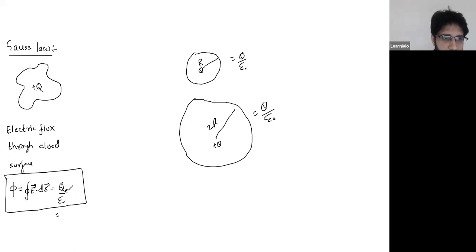And I'm writing this as Q enclosed. Q enclosed means charge inside the closed surface. So that's Gauss law.